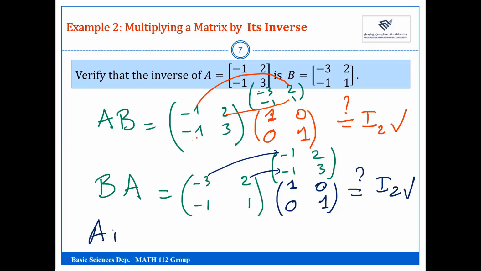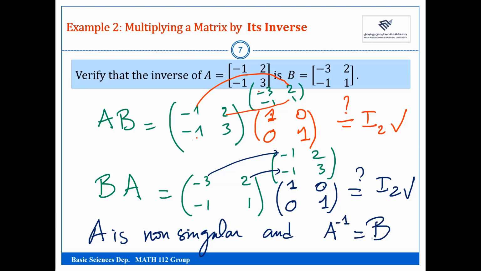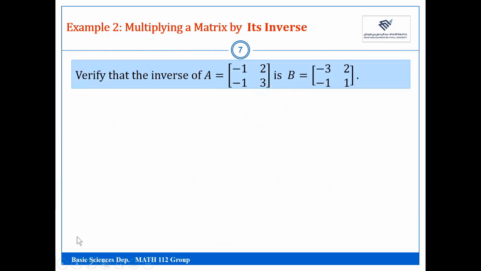So A is non-singular and A inverse is B. So this is the inverse of the matrix A. We checked that this is a good candidate and we accept it as the inverse of the matrix A. When we have a candidate, we just check that this candidate fulfills all our requirements, so that we can accept it as the inverse.